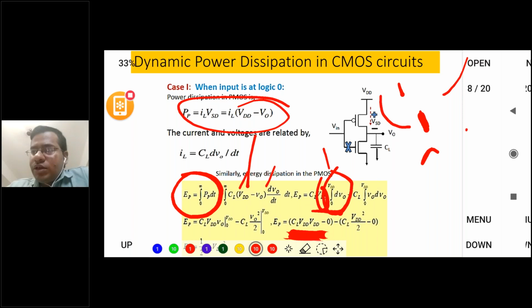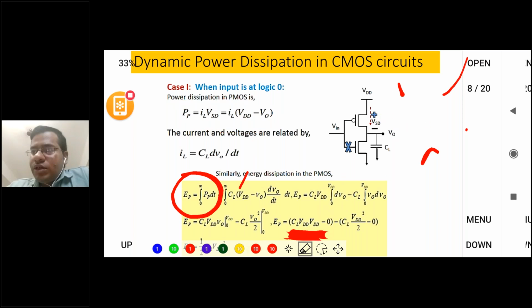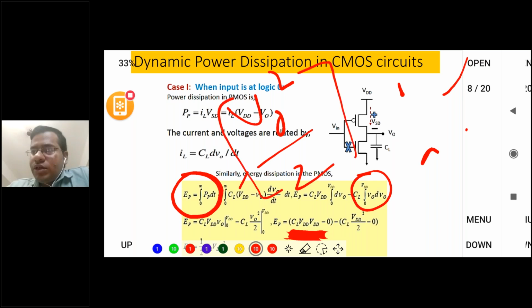If you solve this integration of V naught square divided by 2, the limit is 0 to VDD. Previously I put 0 to infinity, but what is my higher potential? Higher potential is VDD only.